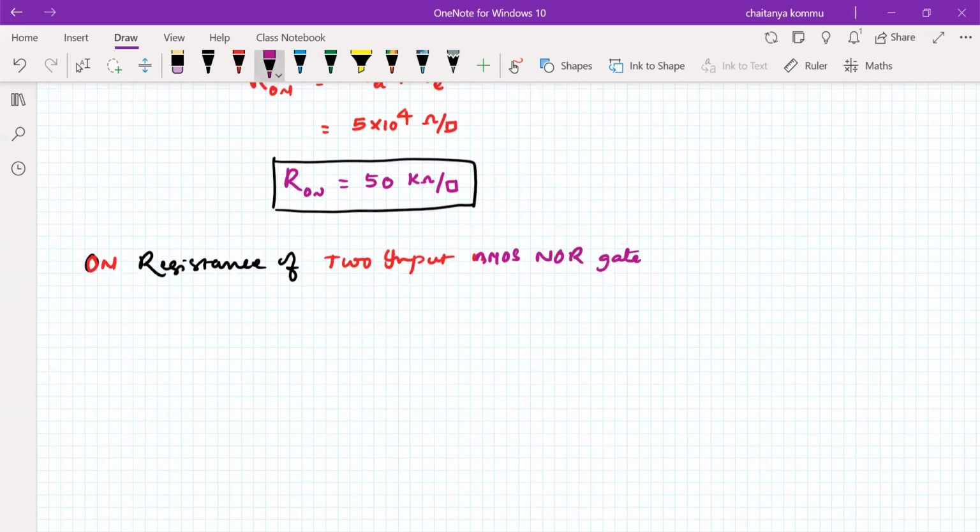Previously, we have only considered the 5 micron technology.